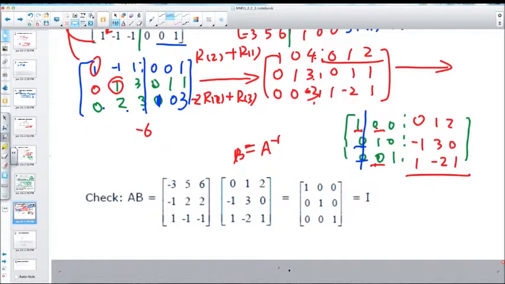So you identify the right hand, what you get, by making this as 1, this 2 as 0, then you end up this matrix here. It's the inverse.